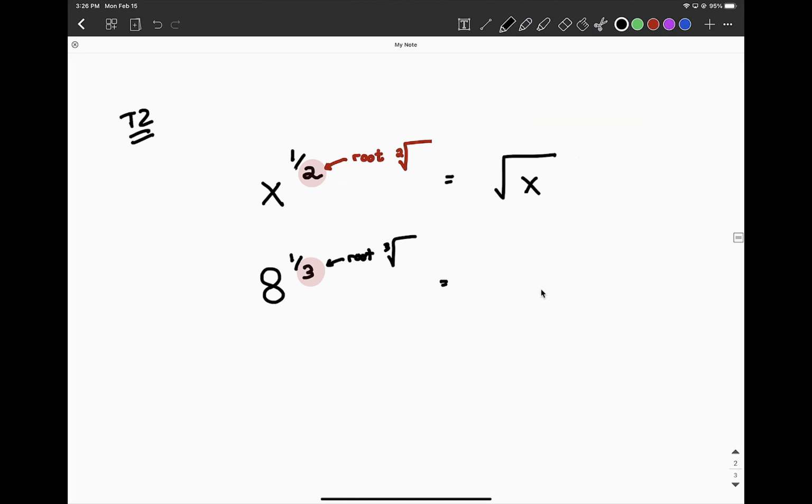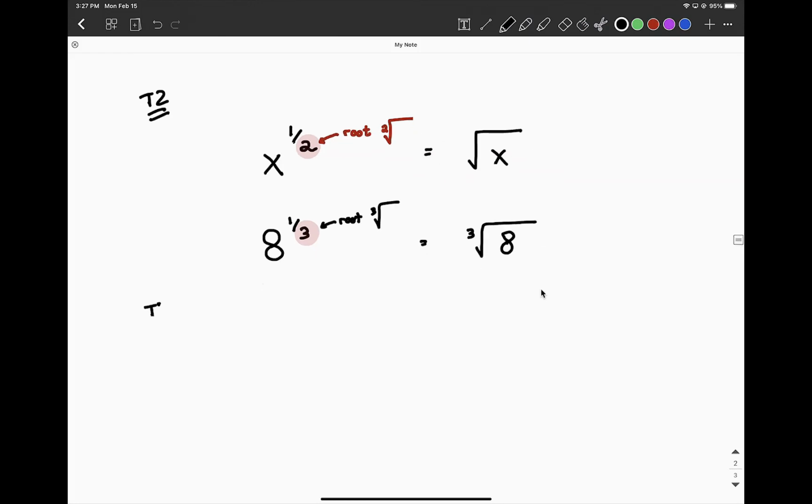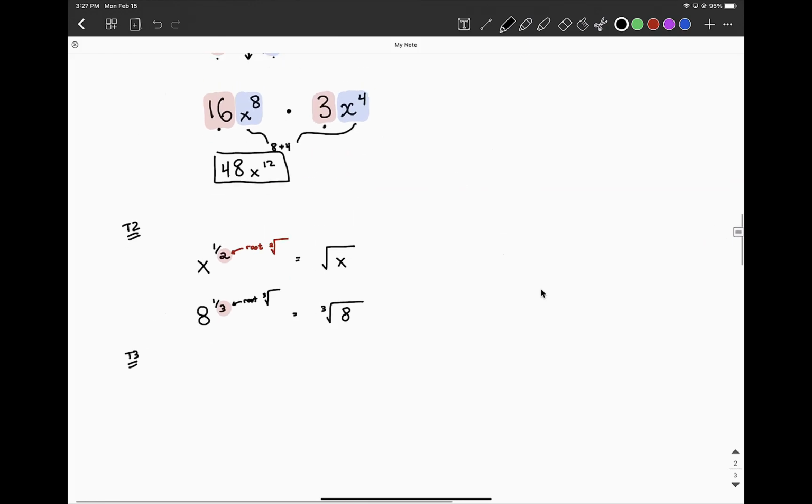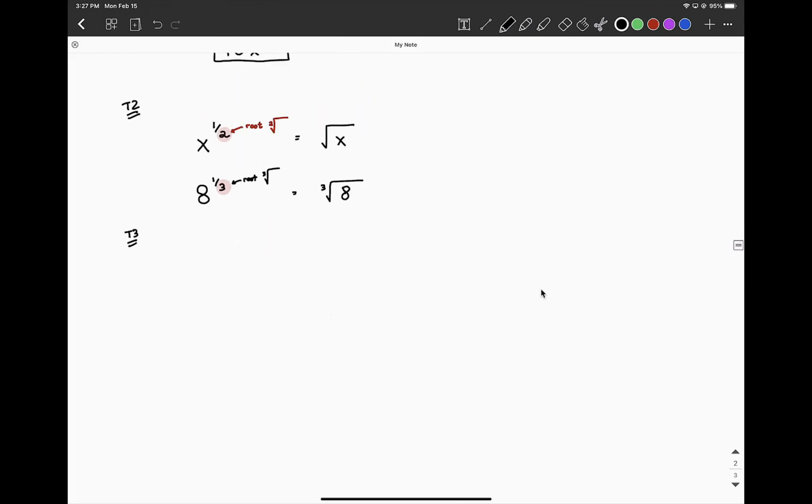So we would be able to change this symbol into the cube root of 8. Which leads perfectly into the third topic of our exponents unit, which is to teach you how to take roots.